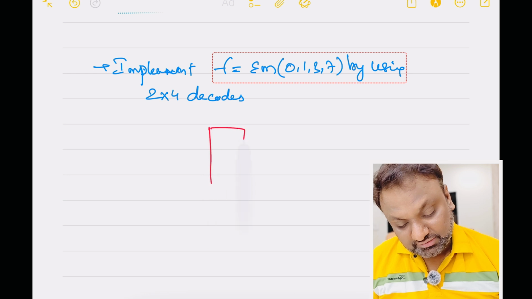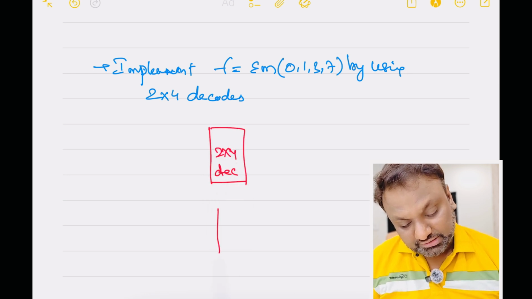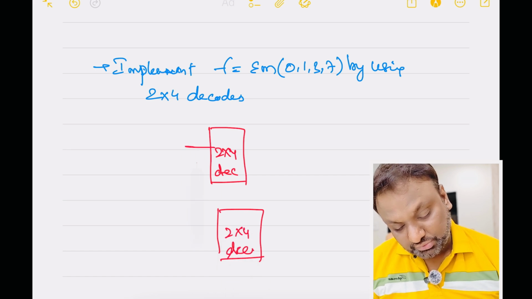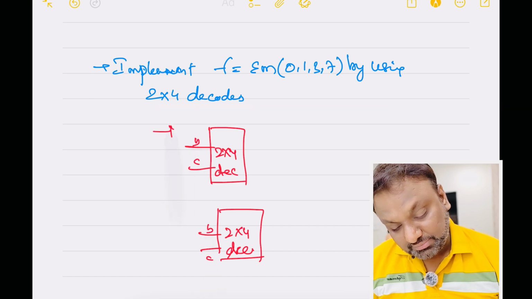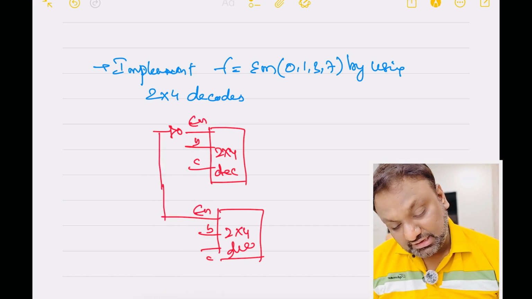What I will do is take one 2 to 4 decoder and another 2 to 4 decoder. I have two inputs here, so these will be B and C, and one input will be given as the enable signal, the third input. This is enable, this is A.